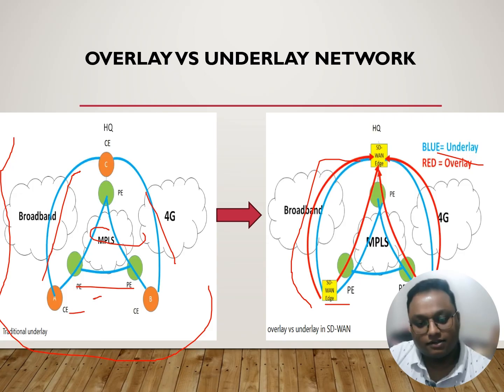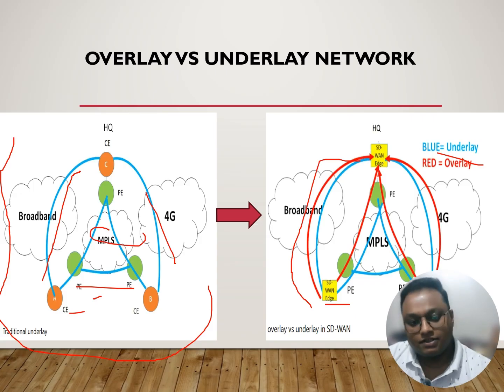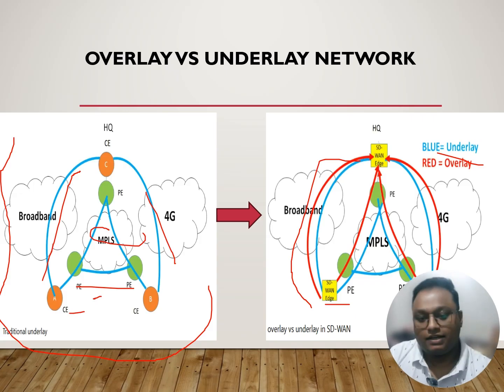The most important thing is, once you have configured or installed the underlay section, it's done. You don't have to think about it further. The rest of the work will be done by SD-WAN. So this is the main difference between overlay and underlay network. So let's jump into the next slide.